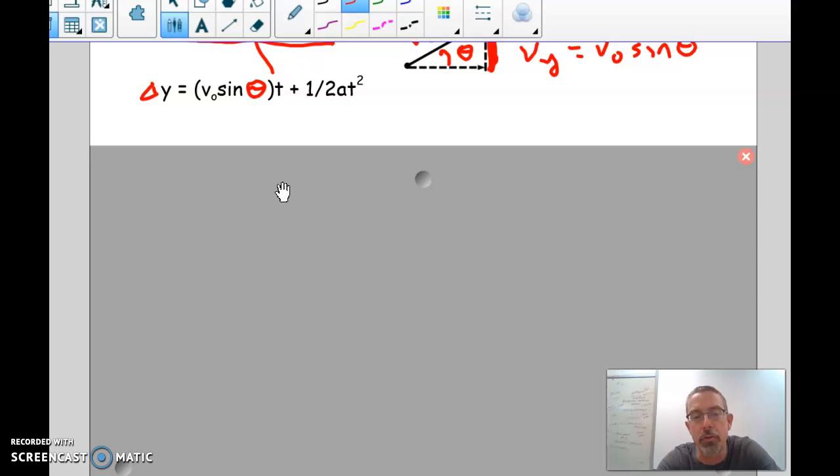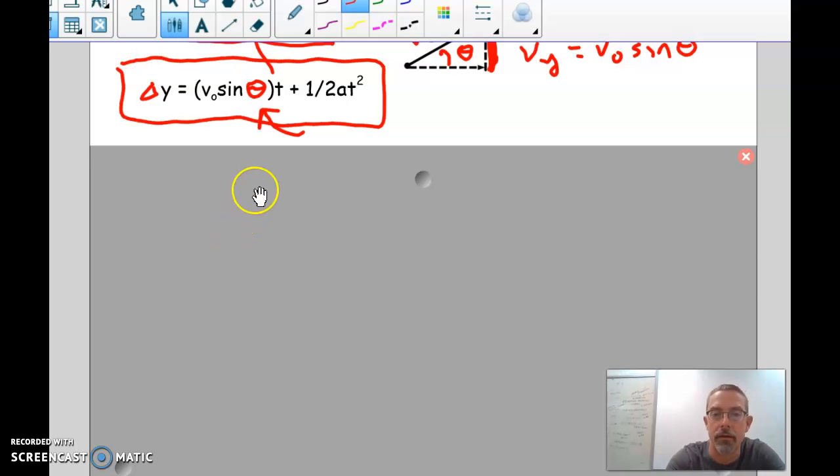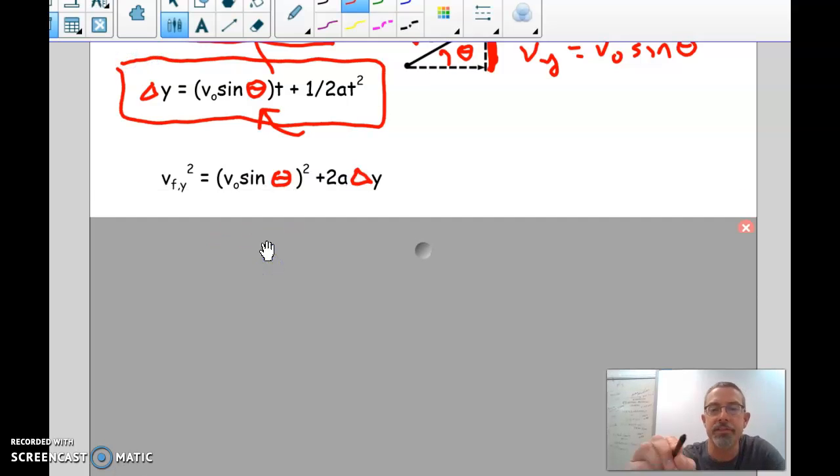We had an initial equation which said delta y equals vi t plus 1/2 at squared. Now all we do is say it's vi sine theta t plus 1/2 at squared. Box that up. That's a new toolbox equation. And then this one's probably the most complicated one.